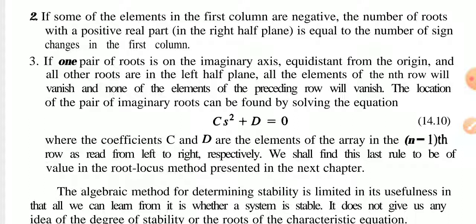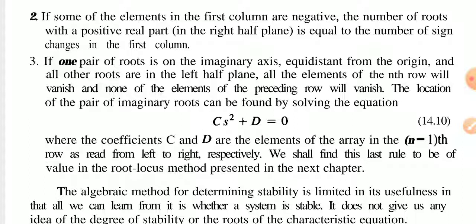The location of the pair of imaginary roots can be found by solving this equation, Cs square plus D is equal to 0, where the coefficients C and D are the elements of the array in the rows n minus 1 and nth, read from left to right respectively. We shall find this last rule to be of value in the root locus method presented in the next chapter also.